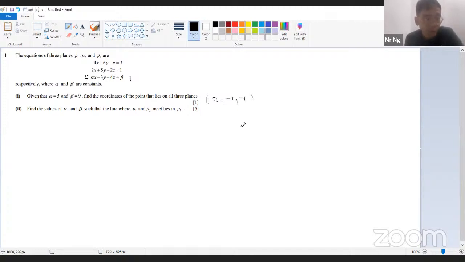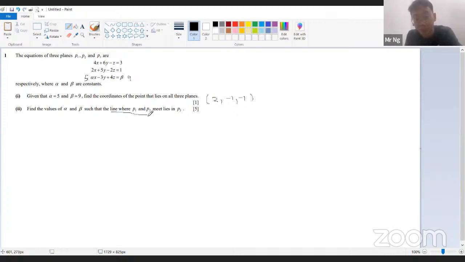Okay, what's next? Find alpha and beta given that plane 1 and plane 2 meet plane 3.